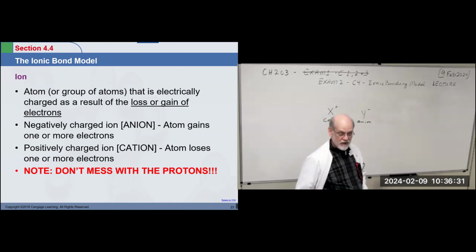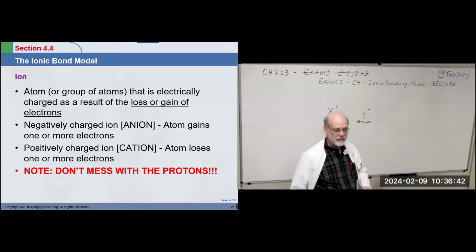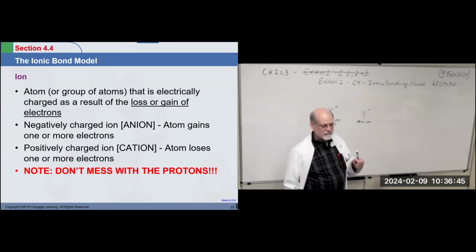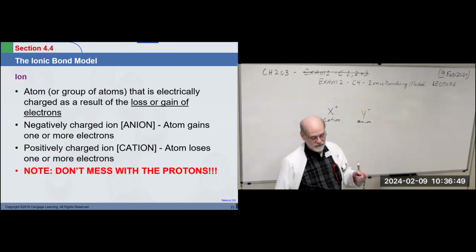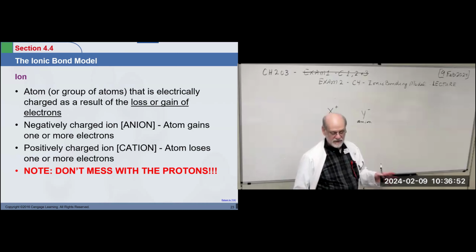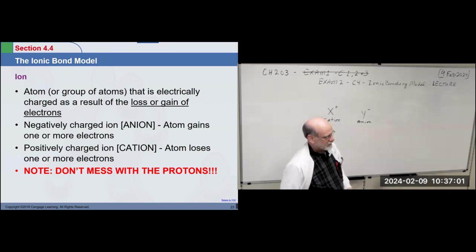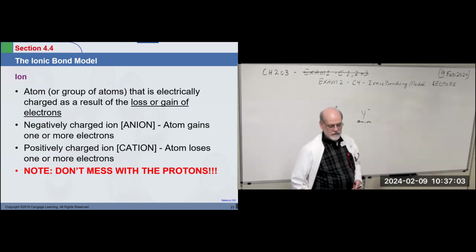You can mess with the protons from the nuclear side, but in chemistry, you don't mess with the protons because when you do, you change the element. The number of protons in the atom defines the element. So carbons always have 6 protons in their nucleus, always. They can have 6 neutrons, 7 neutrons, 8 neutrons for carbon-14, which is radioactive. But we never change the protons.